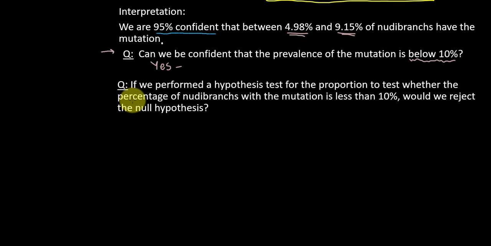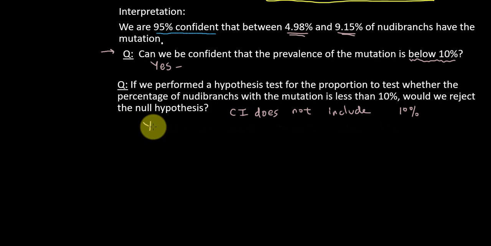Here's another related question. If we were to perform a hypothesis test for the population proportion to test whether the percentage of nudibranchs with the mutation is less than 10%, would we reject the null hypothesis? We should be able to answer this question even though we haven't formally performed the hypothesis test, because our confidence interval does not include 10%.